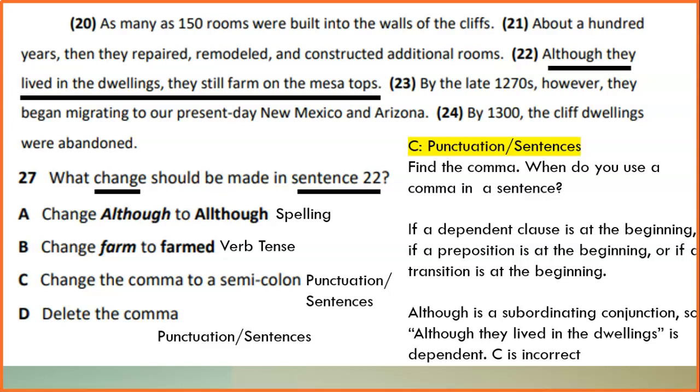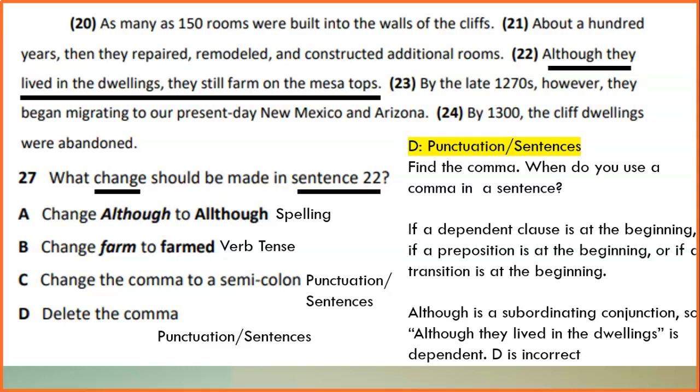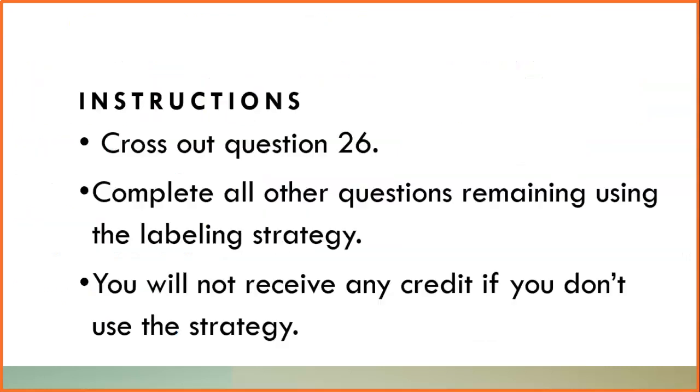Although they lived in the dwellings is a dependent clause and is at the beginning, so I need a comma at the end of the dependent clause. That means C is incorrect. My last answer choice says to delete the comma. It's going to be the same thing. I need a comma at the end of a dependent clause. That means my correct answer is B.